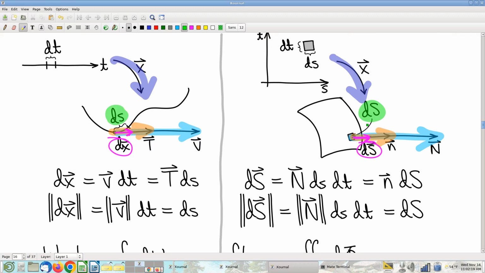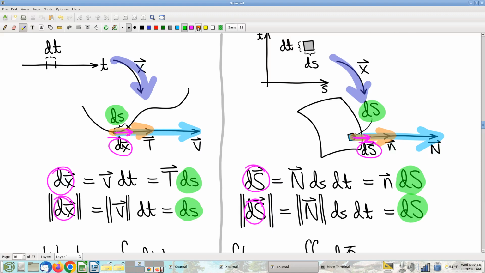So we've got this dx vector, here's the ds vector. We have ds scalar there and there, and capital dS scalar there and there.